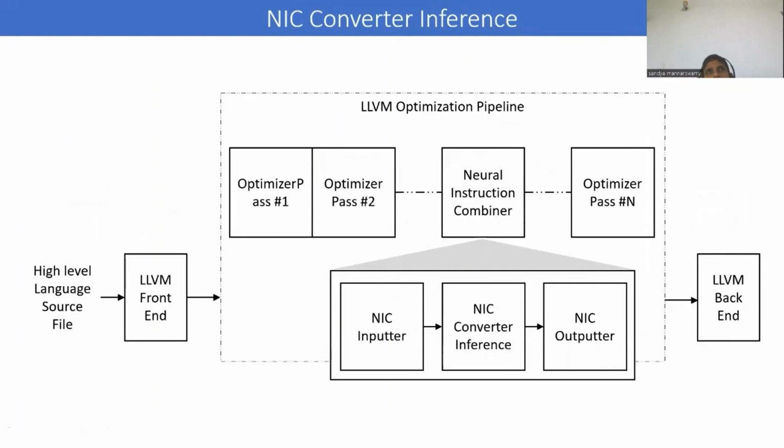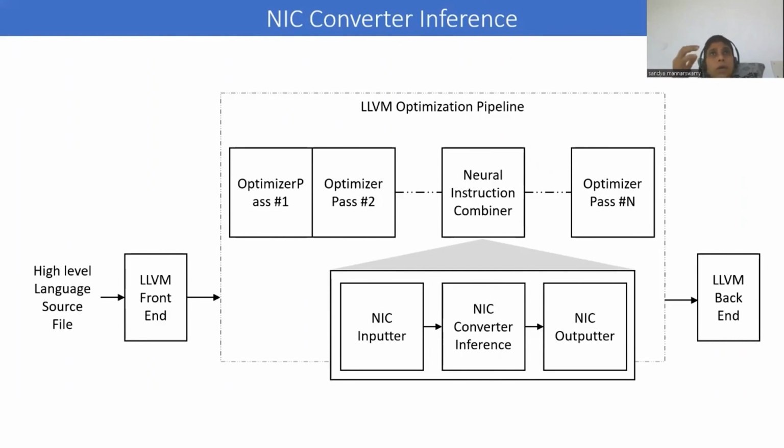And how do we actually deploy the neural instruction combiner in the optimizer pipeline? Once we have a trained model for the NIC converter, we deploy it in inference mode in the optimizer. So in the optimization path, that is a non-training path, instead of the traditional instruction combiner, we replace it with a neural instruction combiner component.